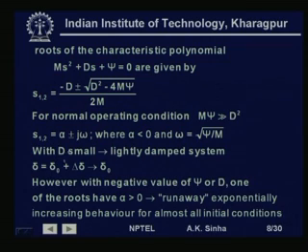So, this is what we normally get, and therefore, when we are trying to analyze the small signal stability for the system, what we are looking at is whether, due to small perturbations about its operating point, the system is going to come back to the same operating point or it is going to run away.